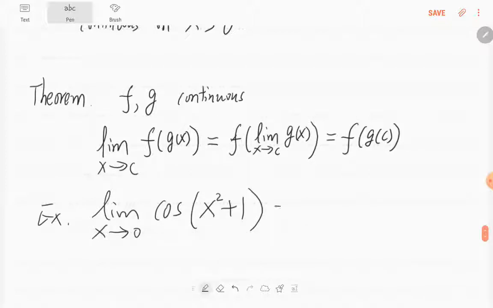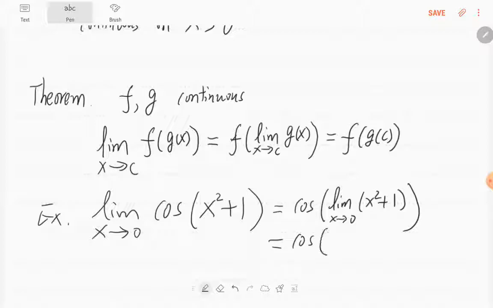This is a continuous function. Cosine is continuous, so we can take the limit inside, and the inside is also a continuous function. Plugging in 0, the inside is 1, so the answer is cosine 1.